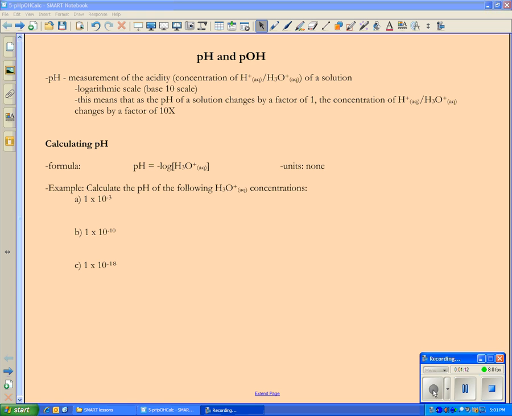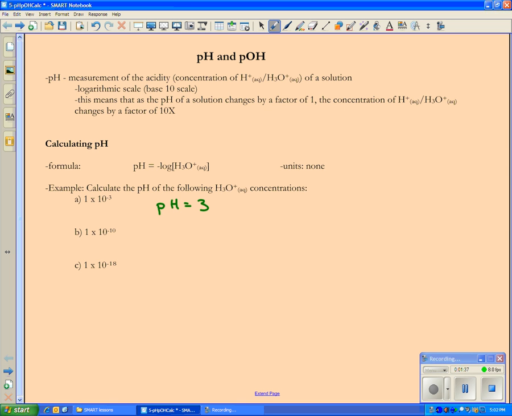In the examples that follow, use your calculator and put in the negative log of these values. For the first one, 1 times 10 to the negative 3, this is a concentration in moles per liter. When you do the negative log of that, you should come out to a pH equal to 3.